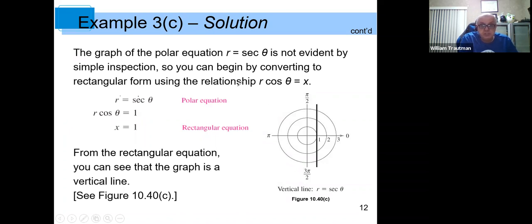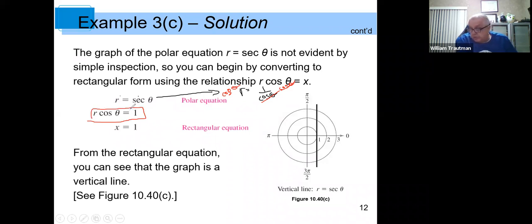So I can change this to r equals 1 over cosine theta. See, these are the same thing. Secant is 1 over cosine theta. Now, if I multiply both sides by cosine theta, these cancel out, and I'm left with r cosine theta equals 1.